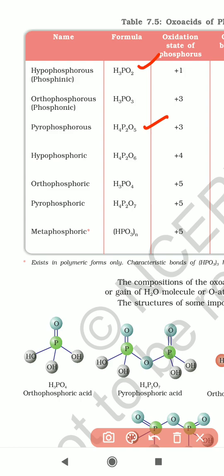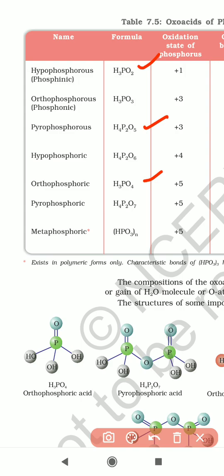The fourth one is H4P2O6, called hypophosphoric acid. The fifth one is H3PO4, orthophosphoric acid. And the sixth one is H4P2O7, called pyrophosphoric acid.